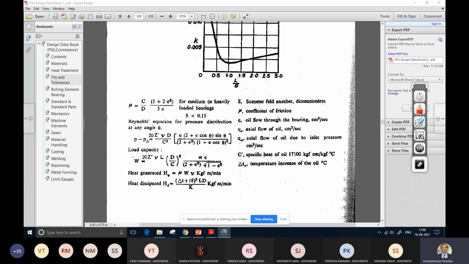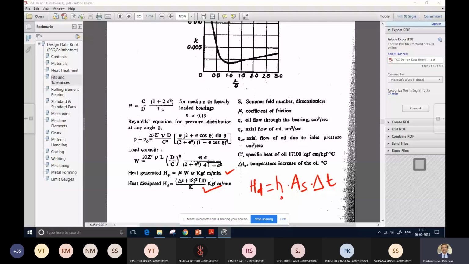So heat generated we are going to calculate using this particular relation, and heat dissipated we are going to calculate either using this particular relation, or else we can use the formula HD is equal to small h into surface area into delta T, wherein small h is the convection coefficient, and A s is the surface area of your bearing, and delta T is the difference between your bearing temperature and the ambient, or atmospheric, temperature.